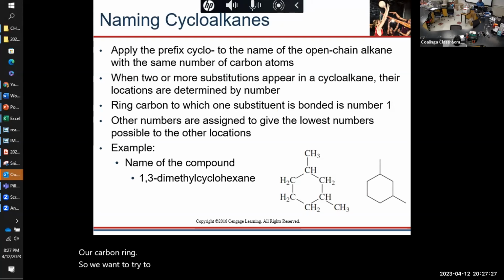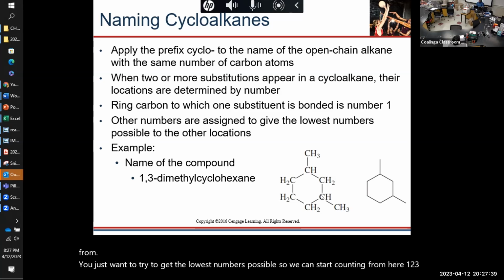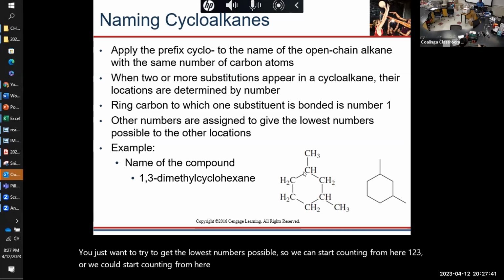And here it doesn't matter where you start from. You just want to get the lowest numbers possible. So we can start counting from here, 1, 2, 3. Or we can start counting from here, 1, 2, 3.